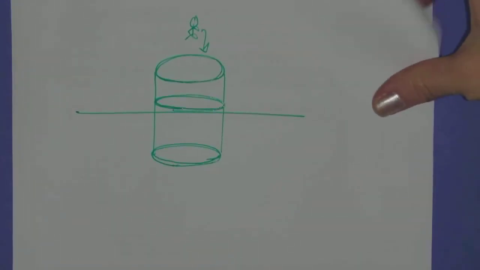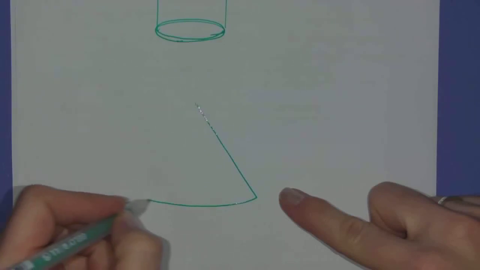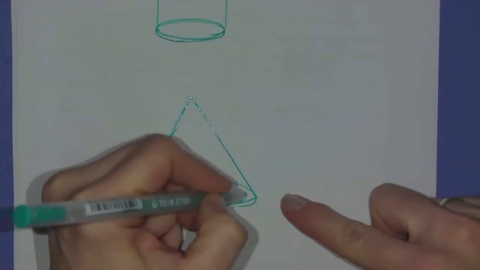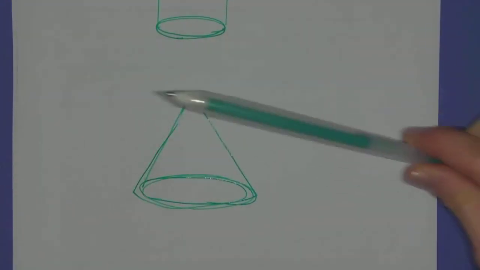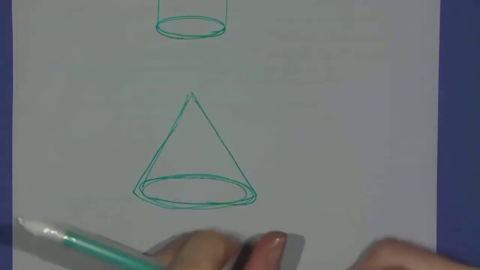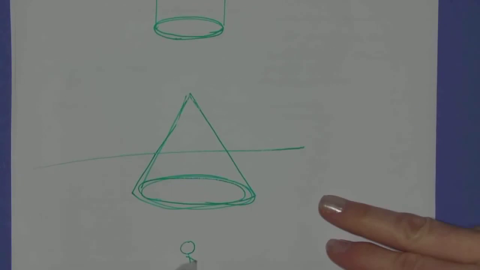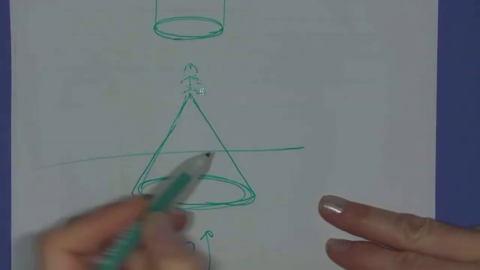What if you had a cone? Say you had a cone that was solid. Think of if you made it out of clay or even almost like a Hershey Kiss, even though they're not perfect cones. If you cut into it, and you were standing here and looking in, what would you see?